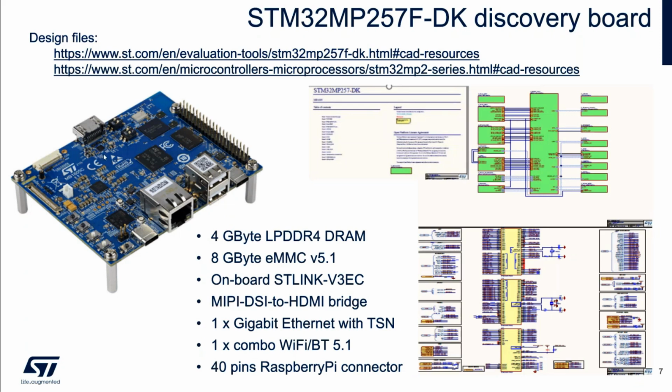A very useful MIPI DSI to HDMI bridge that allows you to connect an HDMI display monitor to the board, a MIPI CSI connector, LVDS connector, 1 gigabit Ethernet interface with TSN support, 1 combo Wi-Fi module, so you can use wireless connection on this board, and the standard 40 pins Raspberry Pi connector here.